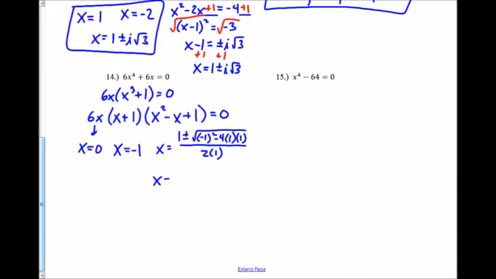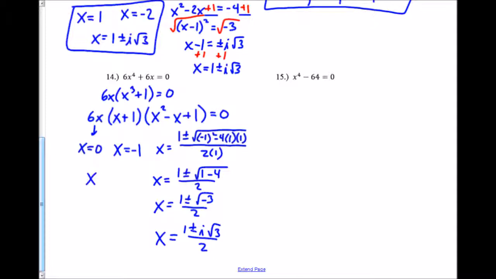And now I just simplify my quadratic formula. So I get a 1 minus 4 here over 2. So I get 1 plus or minus the square root of -3 over 2. So we had x equals 1 plus or minus i root 3 over 2. So here's my collection of answers. And that's it. Okay.